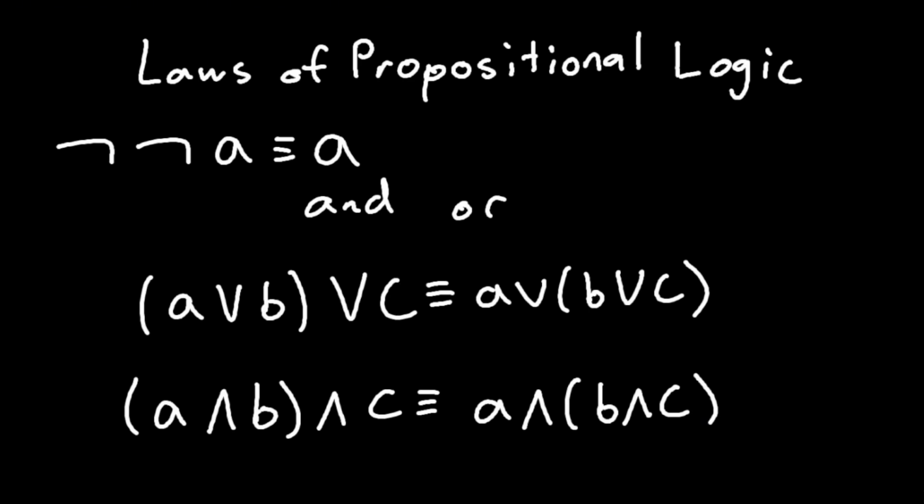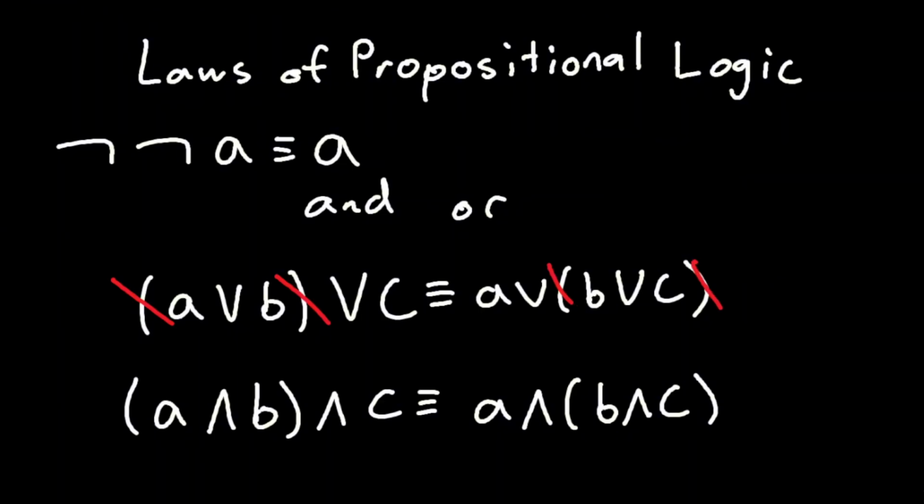So you can kind of switch around the parentheses, but this is only if all the operators are the same between these, all right? If this right here was an and operator and this right here is an or operator, it will not work. You have to use different laws for this. But if you have an or operator here and an or operator here, you can switch around the parentheses however you want. Matter of fact, you can just completely remove the parentheses altogether. You don't even need the parentheses, right?